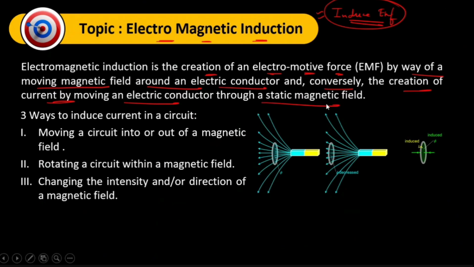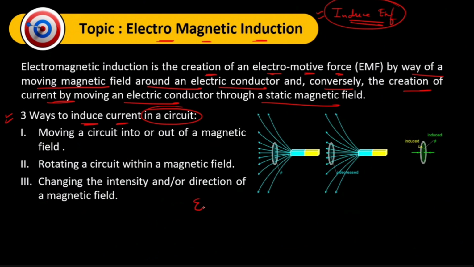So if we try to move anything through a magnetic field, and we are able to change the magnetic flux linked with the coil, we will be able to induce EMF. So there are three ways by which we can actually induce current in the circuit. Let us try to understand what these three ways are.